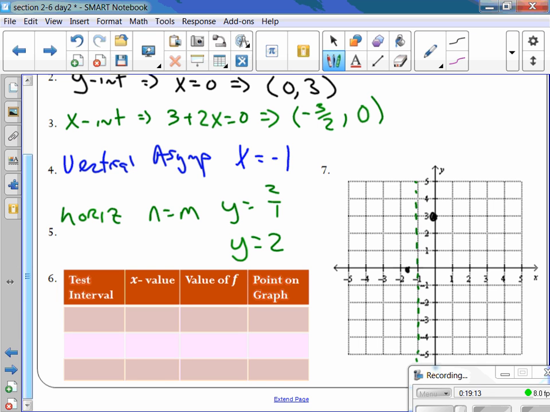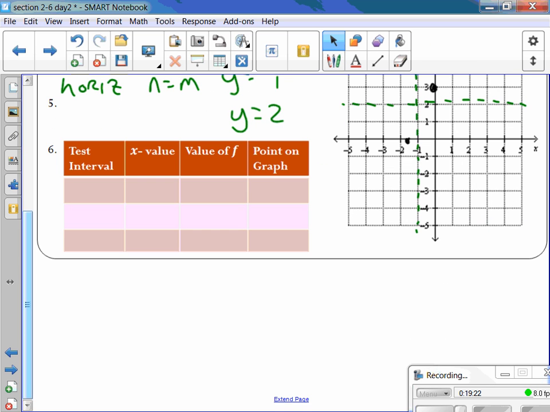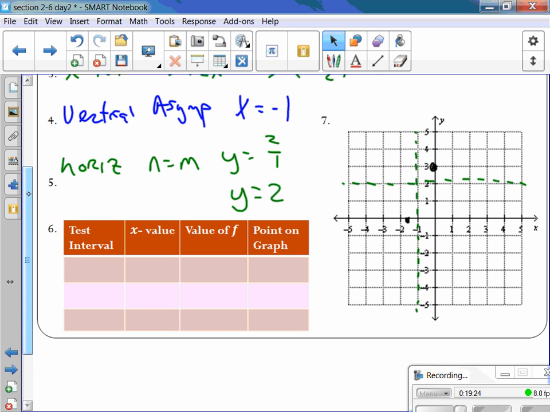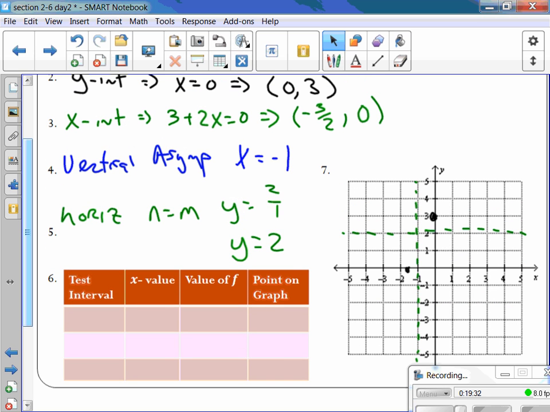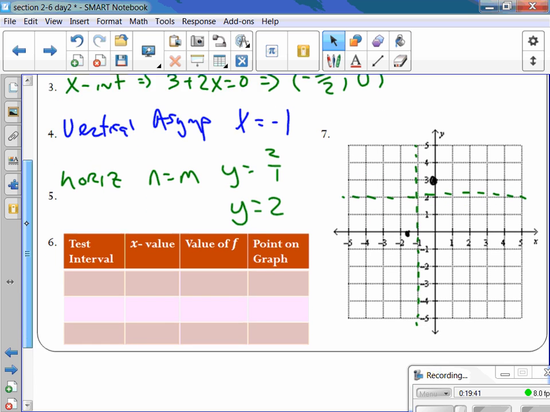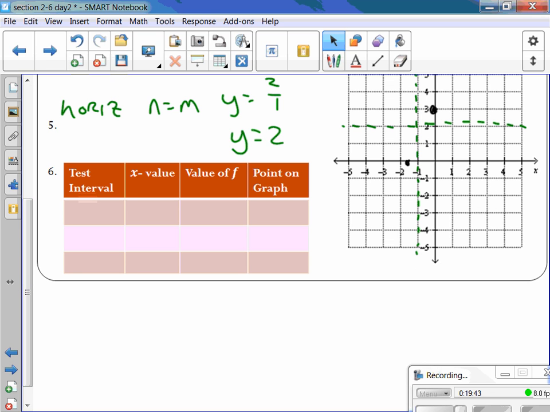But if we needed to plot some more, again, we want to split up our number line between the vertical asymptote and our x-intercept. Our x-intercept's x value was -3/2, and the vertical asymptote is -1. So using those two numbers to split up our number line, there's that -3/2.